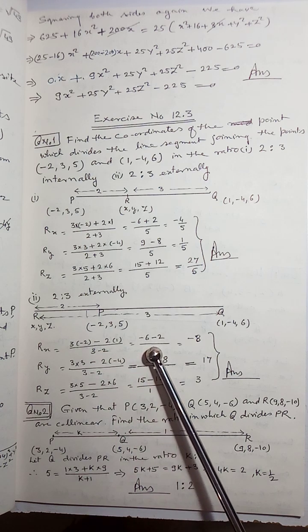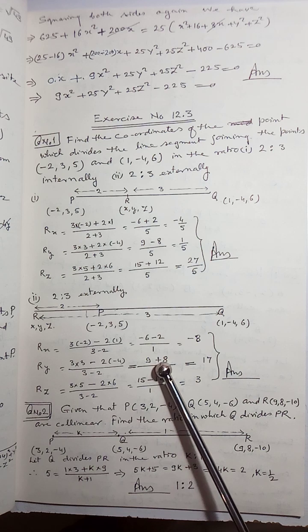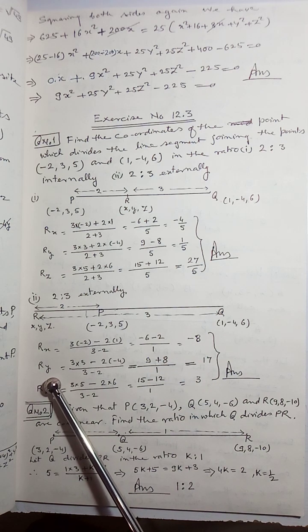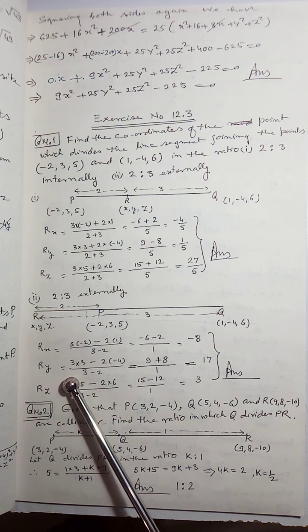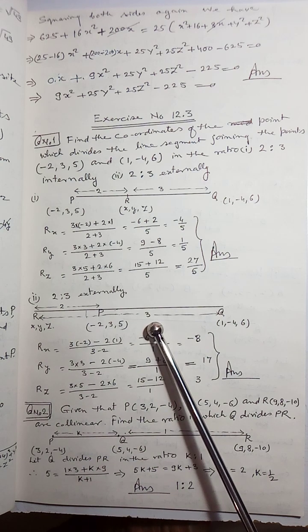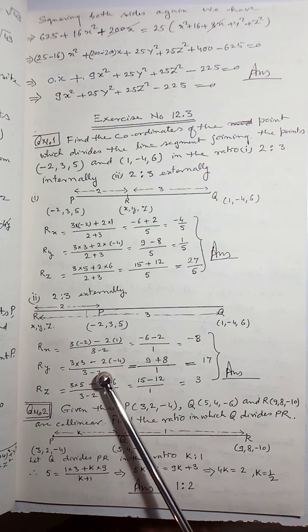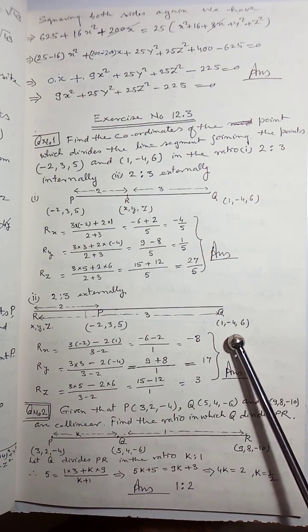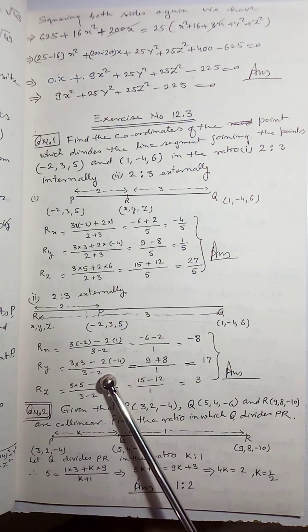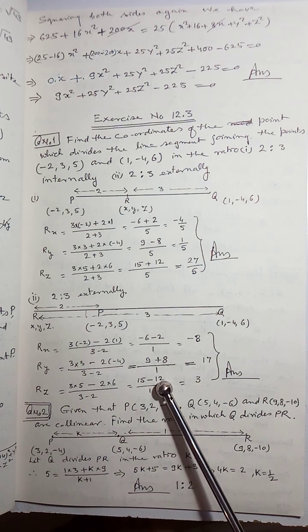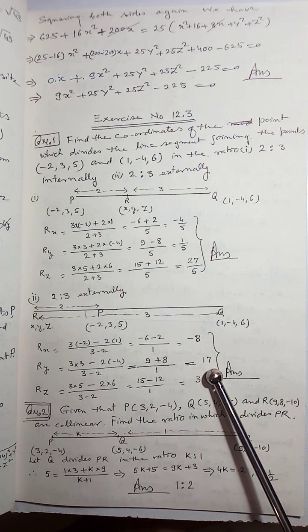So -6 minus 2 divided by 1, it will be equal to -8. Now come to the y ordinate of the point R, which will be 3 into 3 minus 2 into -4. Ultimately it will be equal to 9 plus 8 divided by 1, and it will be 17.